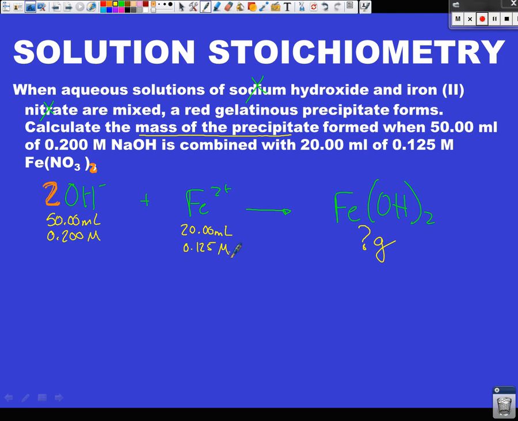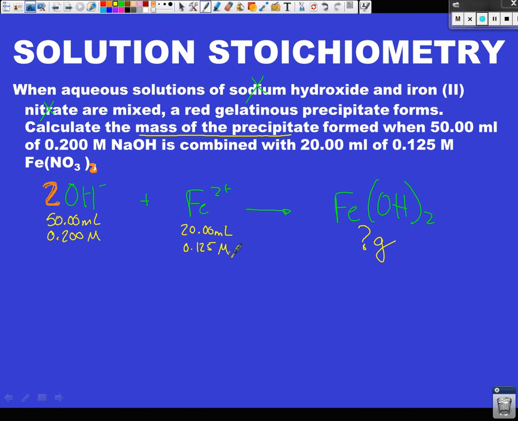The first time students see this, they freak out. The reason they freak out is because the words in the problem do not match the formula. What I mean by that is because it says when 50 mils of a 0.2 molar NaOH. When you look at the reaction, that just says OH minus.